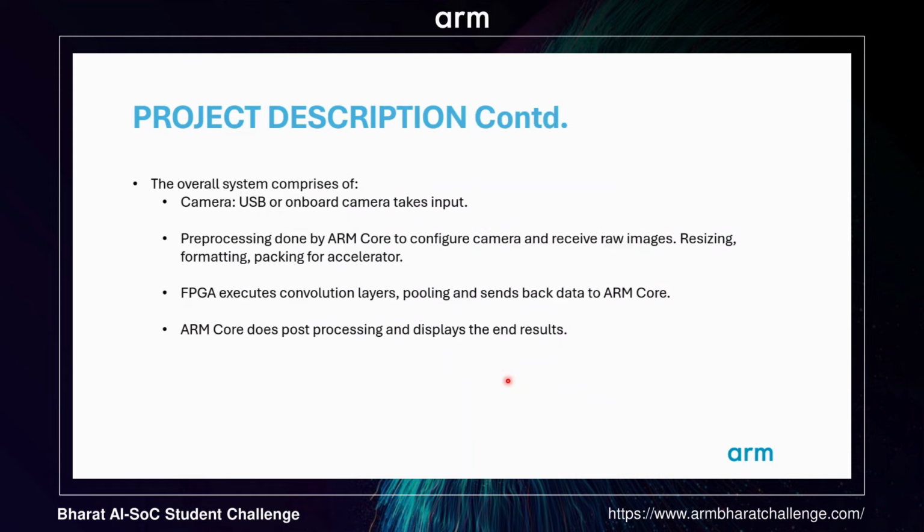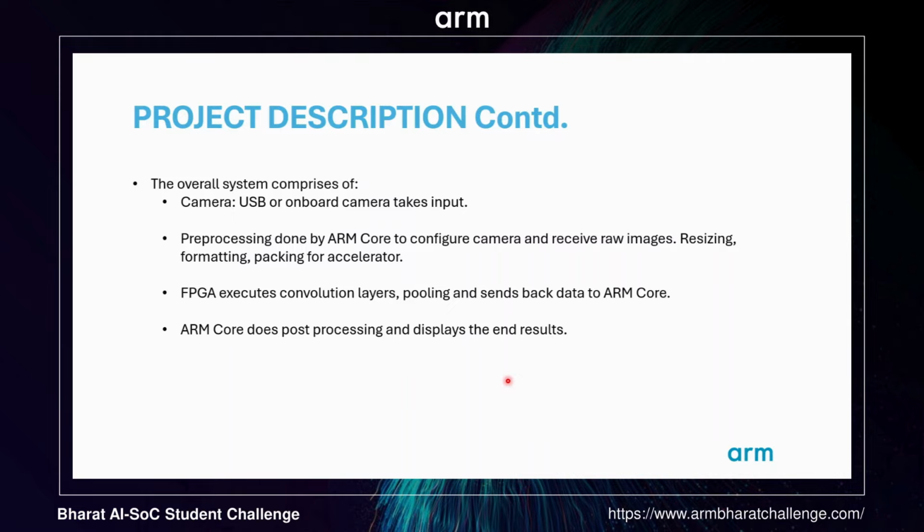The overall system can be envisioned as a combination of a camera unit, the ARM core acting as the preprocessor, and the FPGA. The camera unit comprises of a USB or an onboard camera, which can take live feed as the input. The ARM core can then be used for camera configuration and receiving the raw images.